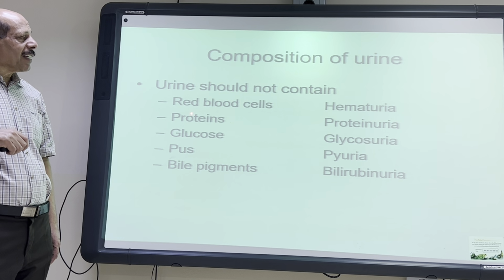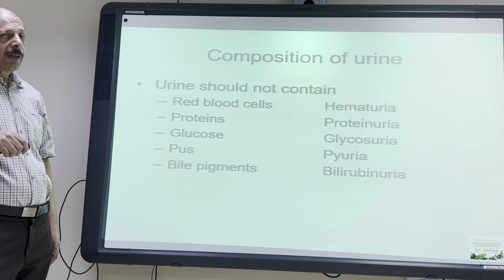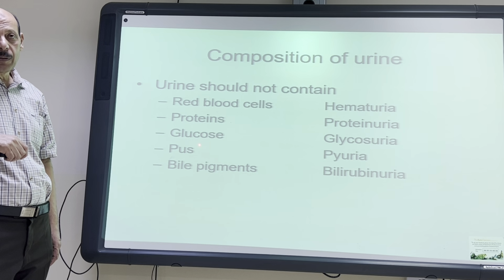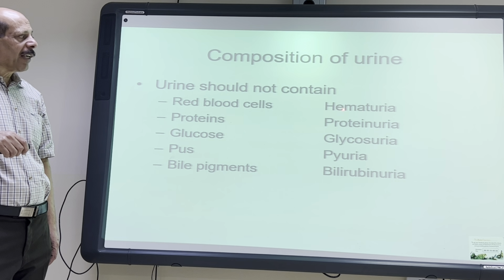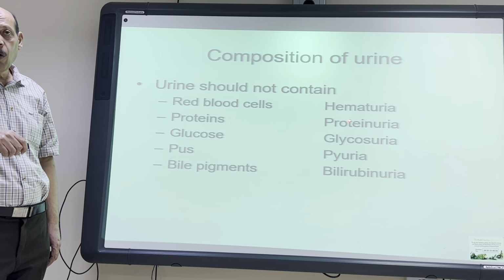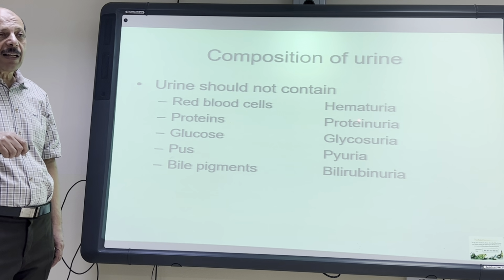If red blood cells are there, it is called hematuria. Hematuria means blood in the urine. Blood in the urine can be due to injury or due to some diseases, like in case of cancer.